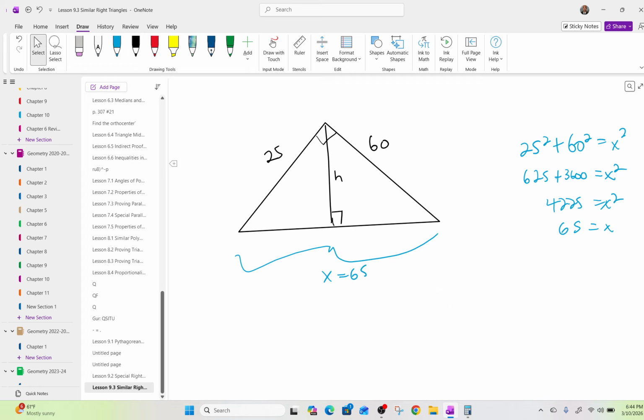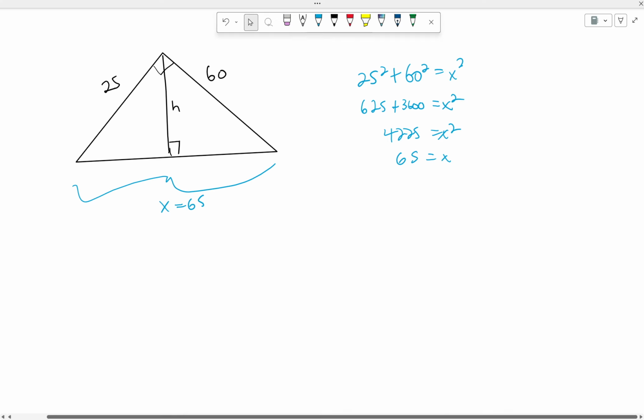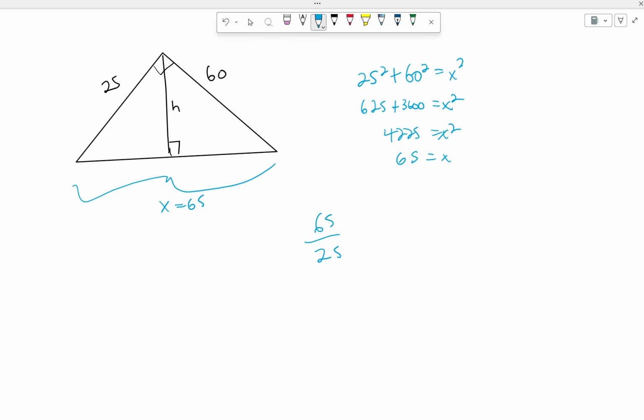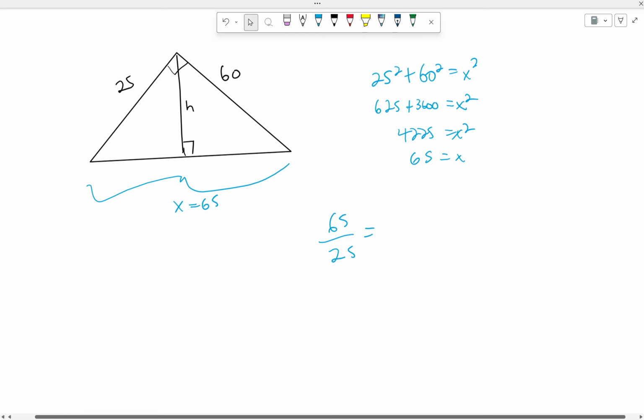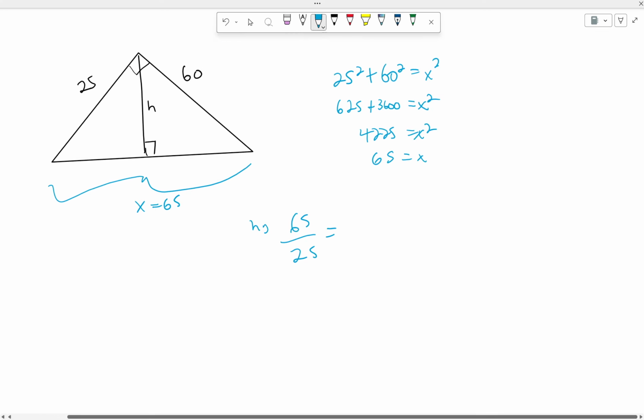Now, think about this. I'm going to go long leg to short leg, 25 is equal to, right? And on this triangle, we're going to go long leg to short leg. Guys, sorry, this is hypotenuse to short leg, okay? Hypotenuse on this triangle to the right, 60 to h.